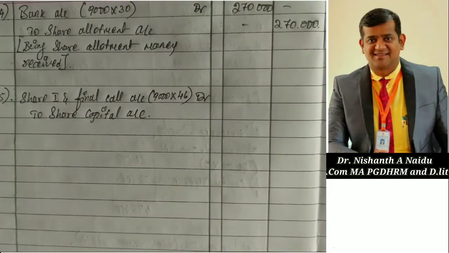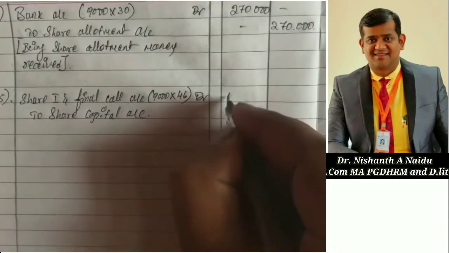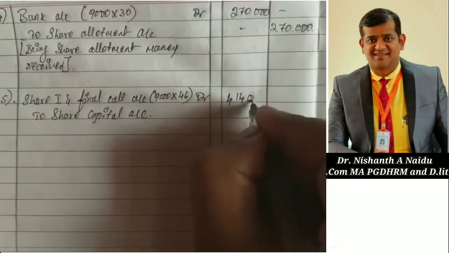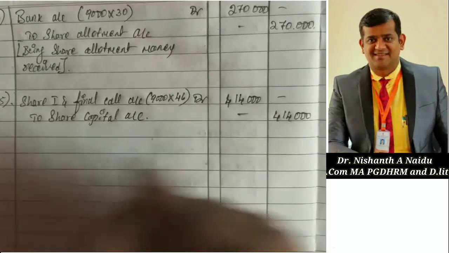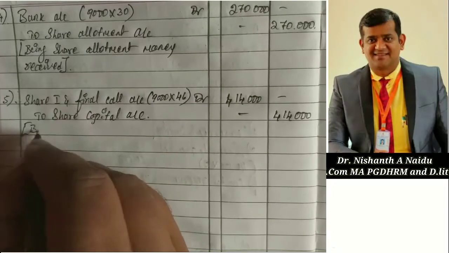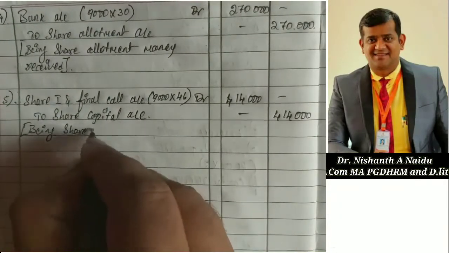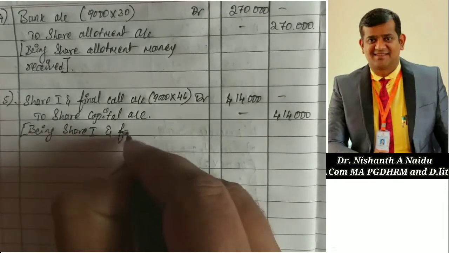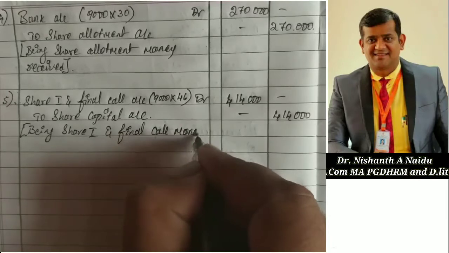So calculate 9,000 into 46, that is 4,14,000. So write the narration: being share first and final call money due.